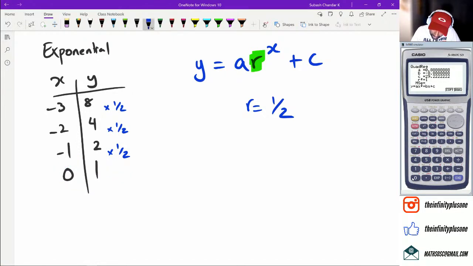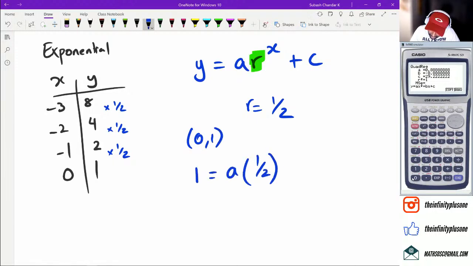So we're going to substitute it in. We get 1 equals a times a half to the power of 0 plus c. Half to the power of 0 is just 1, so you're going to get 1 equals a plus c.